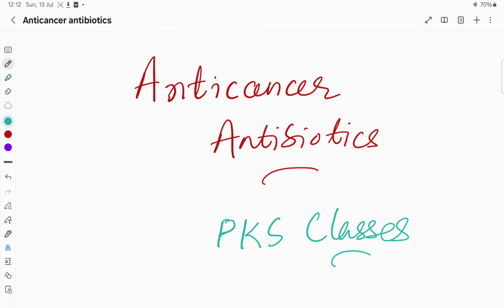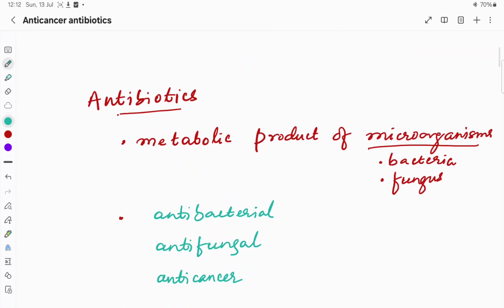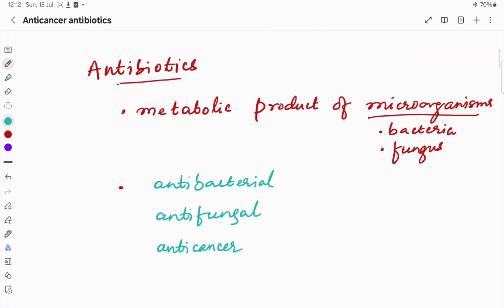Today we will study anti-cancer antibiotics. As you know, antibiotics are the metabolic products of microorganisms, usually bacteria and fungus, used to kill or inhibit the growth of other microorganisms like bacteria, fungus.